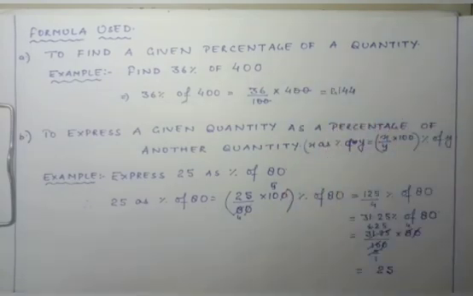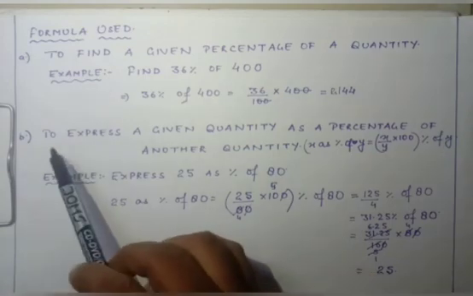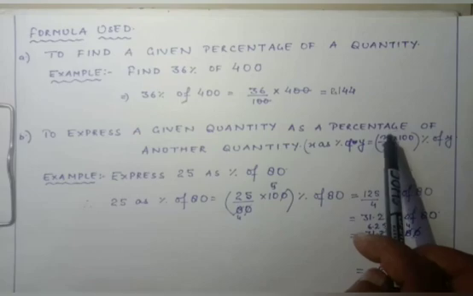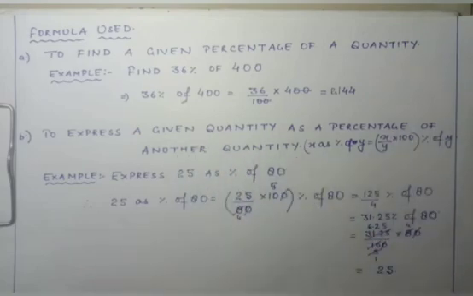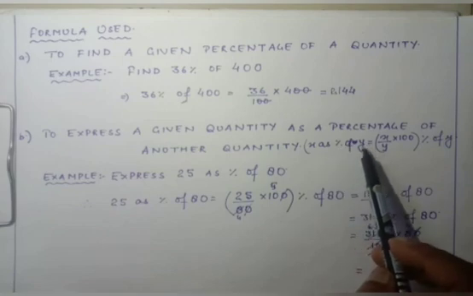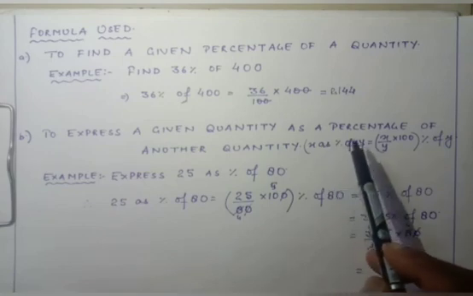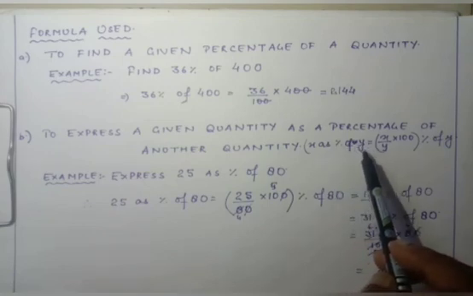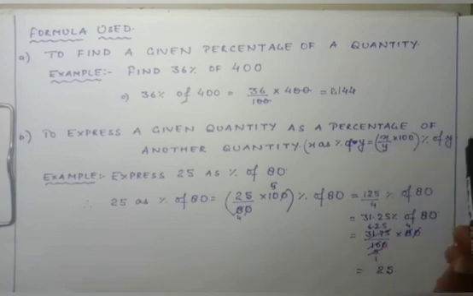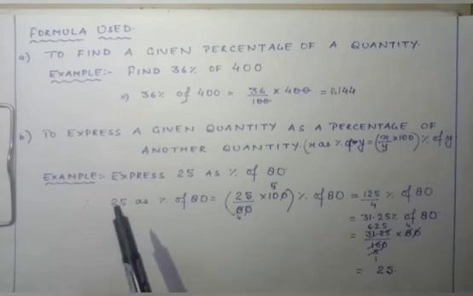that is rupees 144. The second formula is to express a given quantity as the percentage of another quantity. Example, x as a percent of y. So it can be written as x upon y into 100%. Let us see with the help of an example.